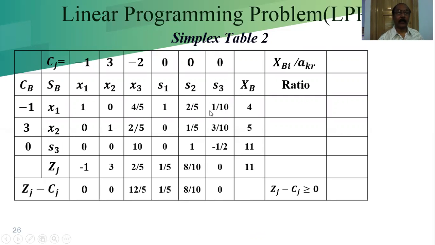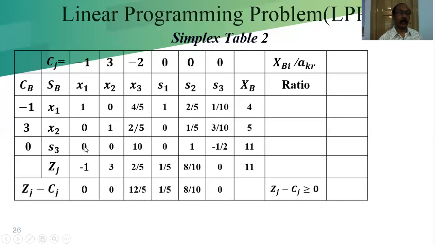These are the values we are calculating by dividing, by using the formula. So these are the entries in this table. We have to calculate each and every element except the column corresponding to the basic variable.